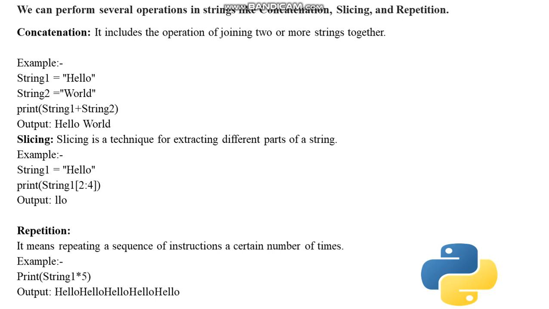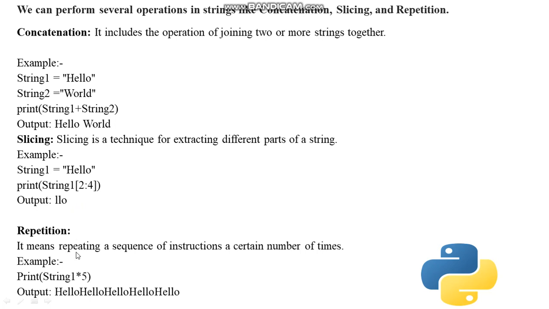So for slicing we are going to use the colon operator. It is a slicing operator. So it will give me output as llo. String always starts from 0. So at h we have 0, at e we have 1, at l we have 2. So 2 to 4 it will give me llo.